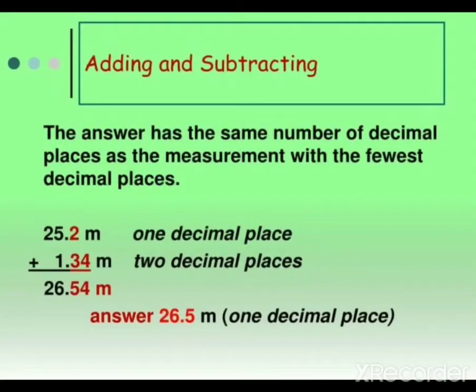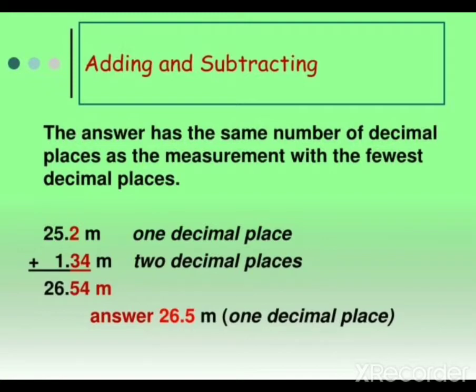Let us now consider the rules to be followed in the case of addition and subtraction of significant figures. What is the rule? It says that the answer has the same number of decimal places as the measurement with the fewest decimal places. For example, let the numbers to be added be 25.2 and 1.34.